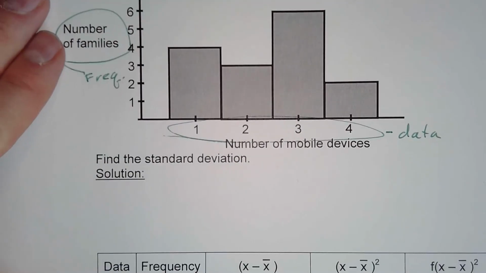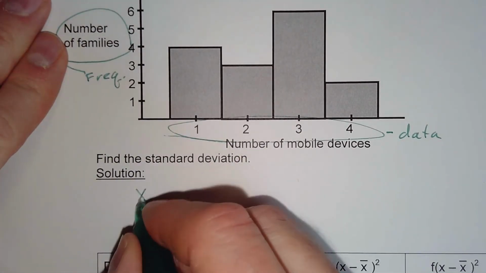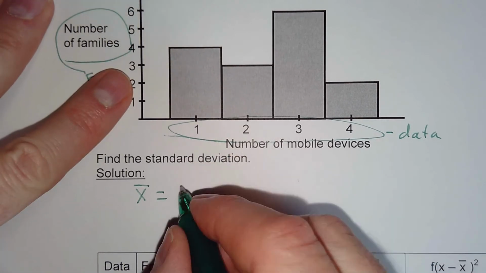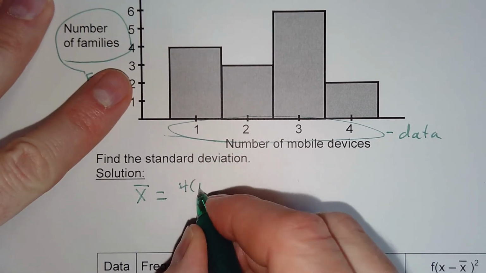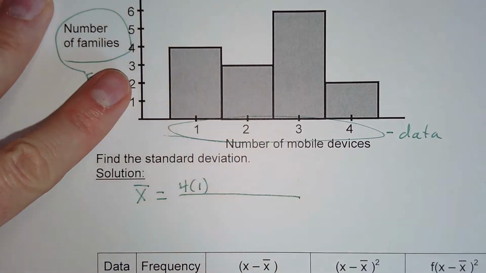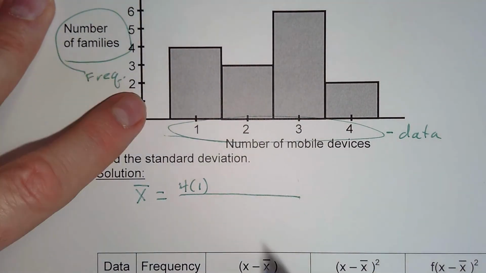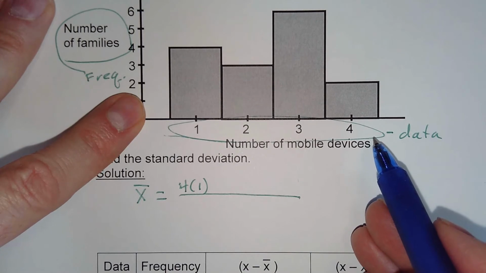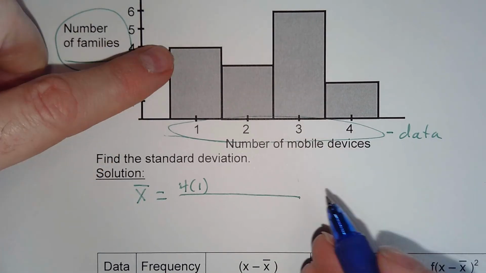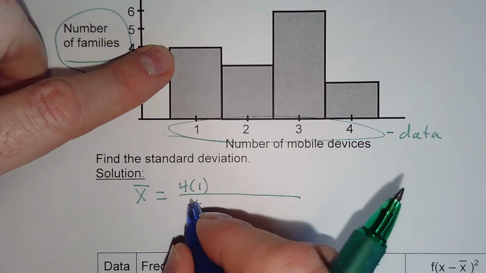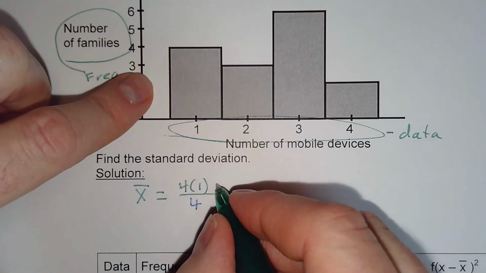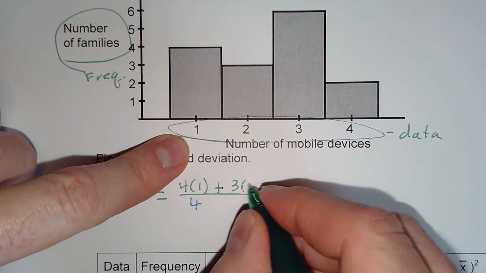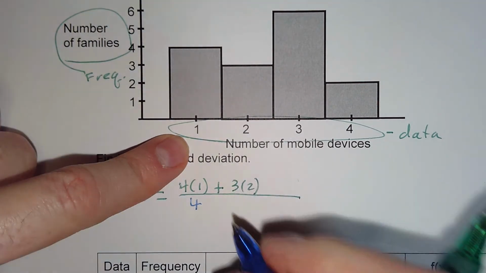So to calculate my mean, I have 4 families that have 1 phone, so I'm going to do 4 times 1. And underneath, I'm going to be adding up the frequencies. Now, I'm not going to add the 1, 2, 3, and 4 because that's the data. I want to add up the numbers: 4, and then we've got 3 families with 2 phones, so I'm going to add a 3 underneath here.